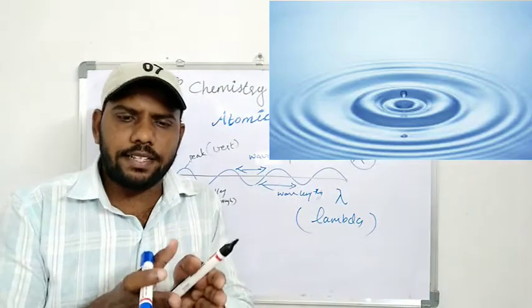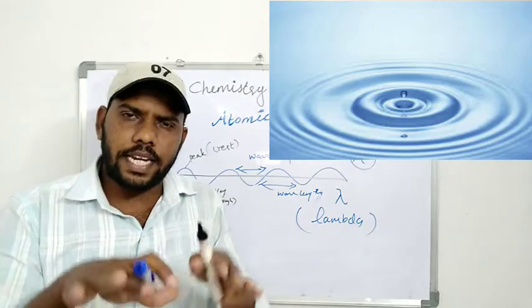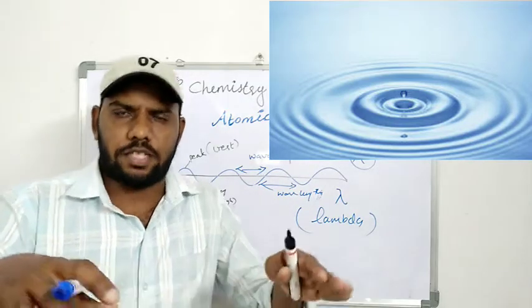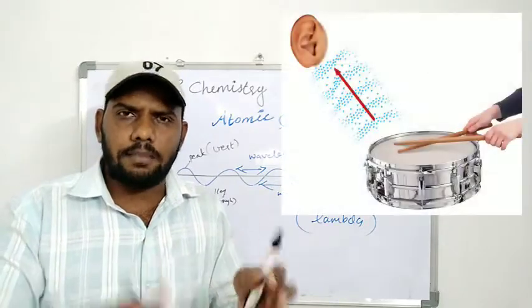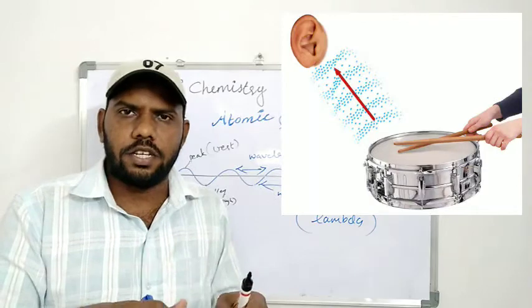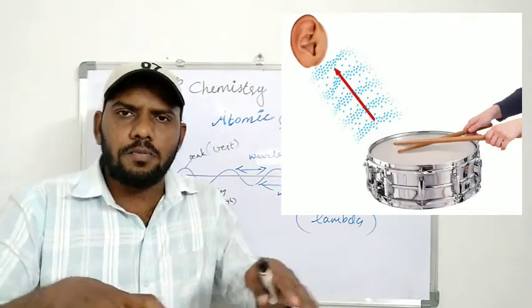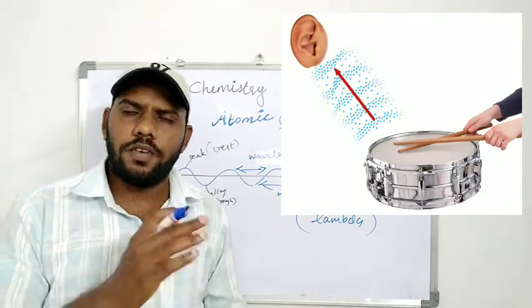That means we created a disturbance in the water, and this disturbance created waves. Same when we beat a drum or tabla, we create a disturbance. Due to this disturbance, waves form, and these waves move forward and backward, forward and backward.